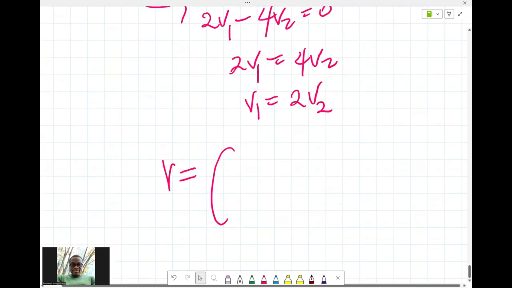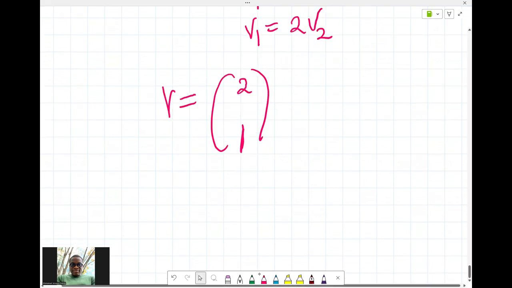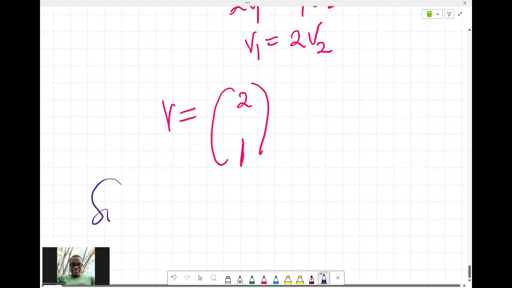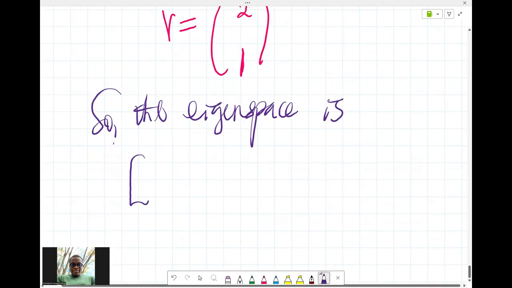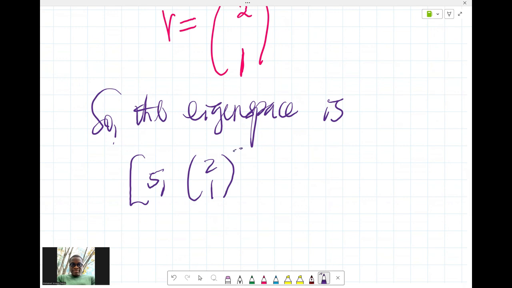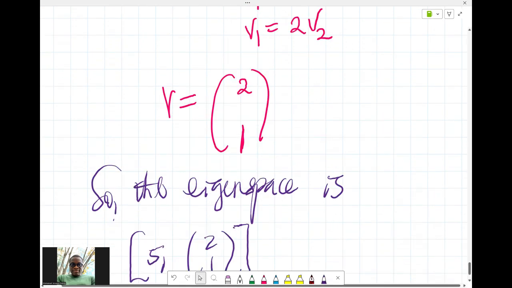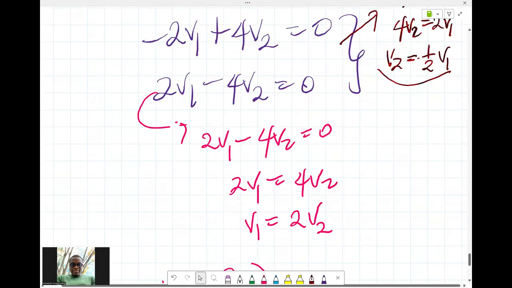So if V2 is 1, V1 is 2, basically. So the eigenspace for that, you can write it like this: 5 for the eigenvalue, and then 2, 1 for the eigenvector, because V1 is double of V2.